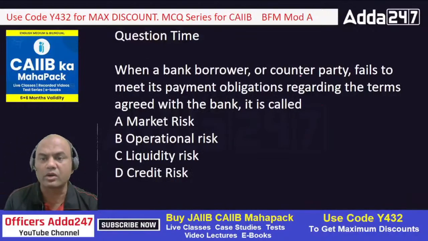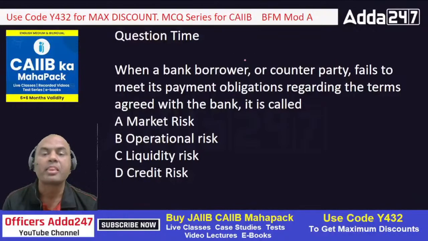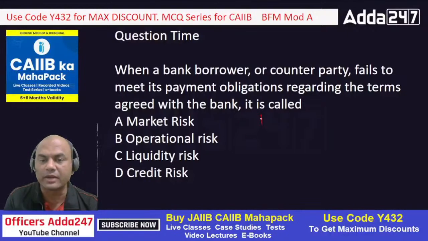When a bank borrower or counterparty fails to meet its payment obligations regarding the terms agreed with the bank, it is called as, see here, this is a very important question because you have 3 types of risks in BFM. One is credit risk, second is market, and third is ops. Suppose this is a bank, and the bank has given a loan to the customer.